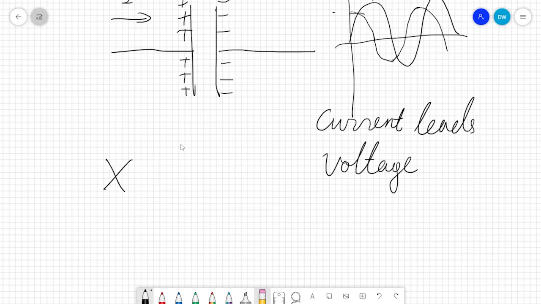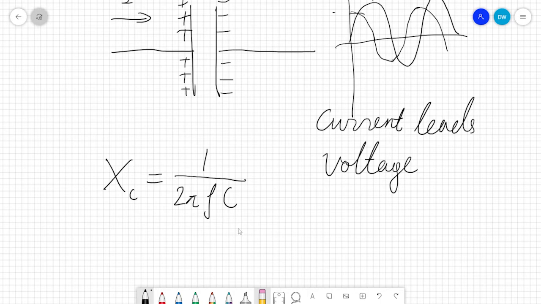So the formula you actually end up with: reactance, expressed as a capital X, with C to indicate it's capacitive, will equal 1 over 2 pi F C. Where F is the frequency of the power source, and C is the capacitance of the capacitor.